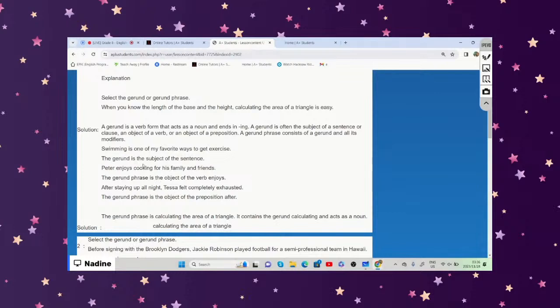And a gerund is often the subject of a sentence or a clause or an object of a verb or an object of a preposition. And a gerund phrase consists of a gerund and all its modifiers.